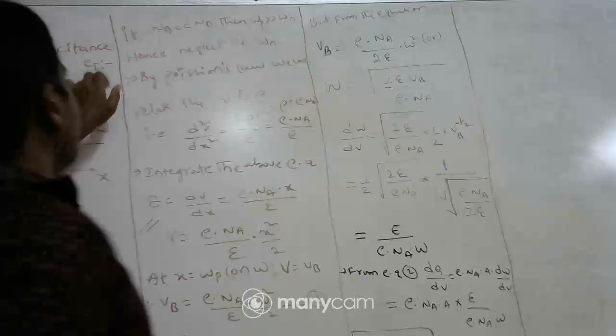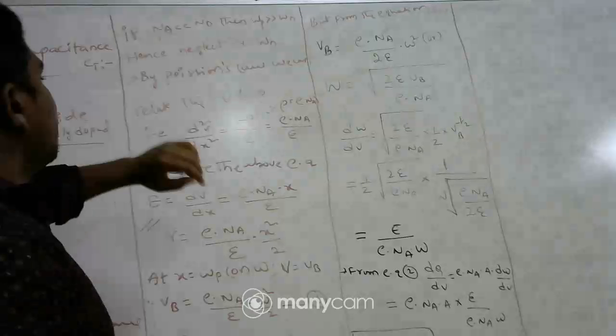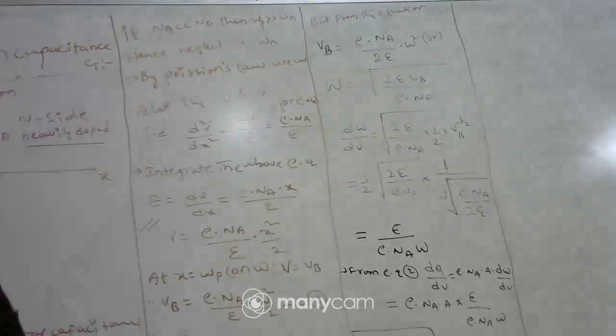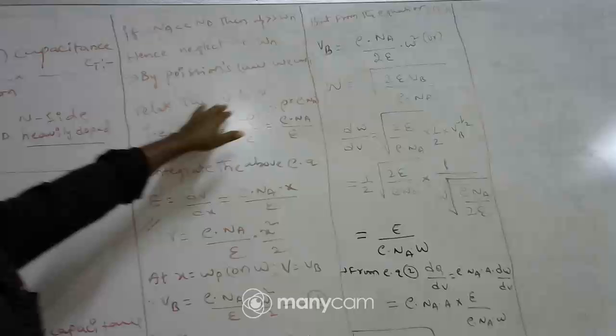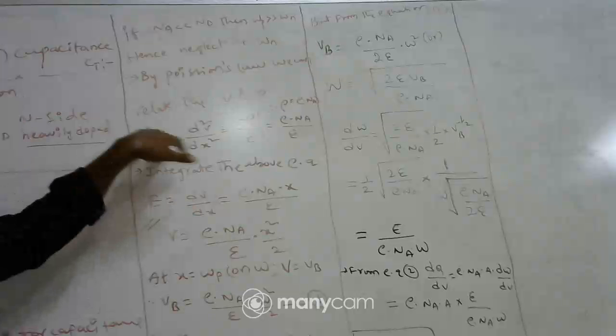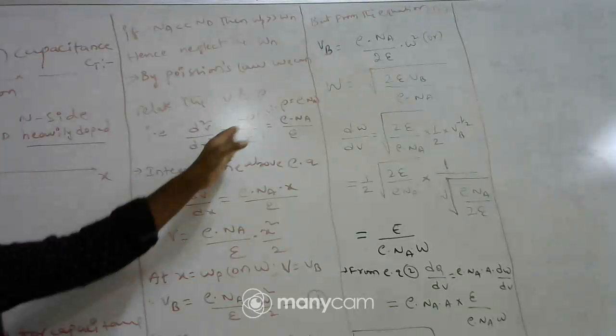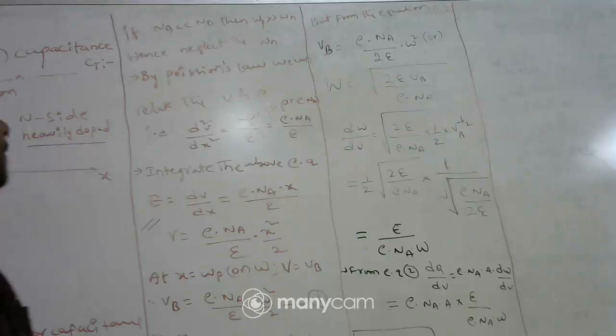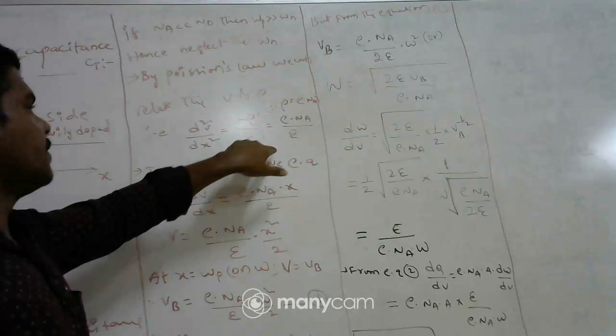See here, if you neglect the donor ions width, by applying Poisson's law we can relate the voltage and resistivity. The Poisson law equation is d square V by dx square equals resistivity by epsilon.